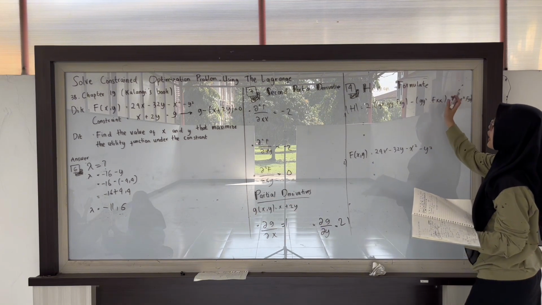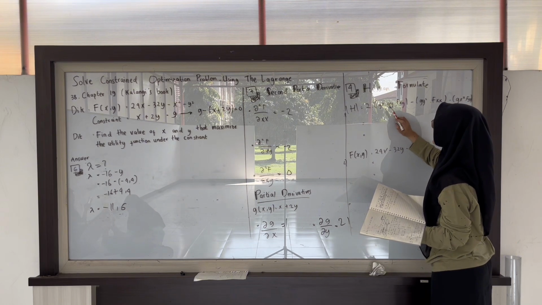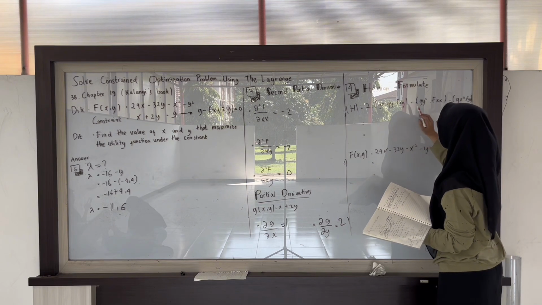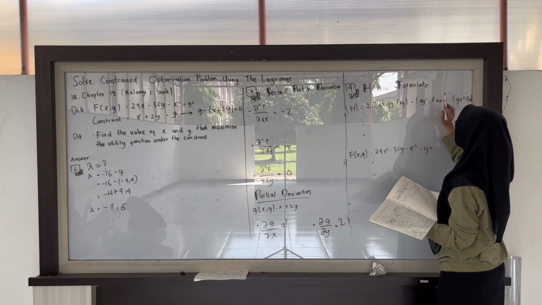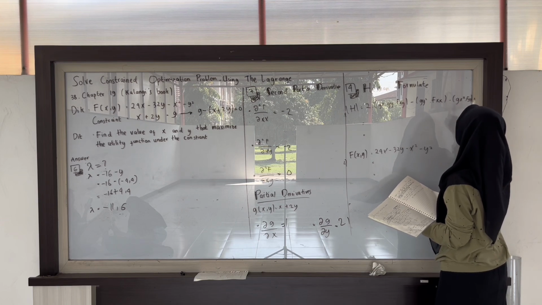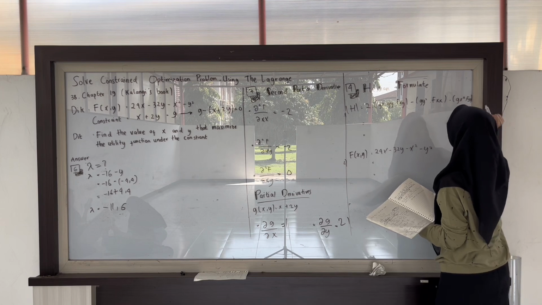And the Hessian formula is 2 times gx times gy times fxy minus gy squared times fxx minus gx squared times fyy.